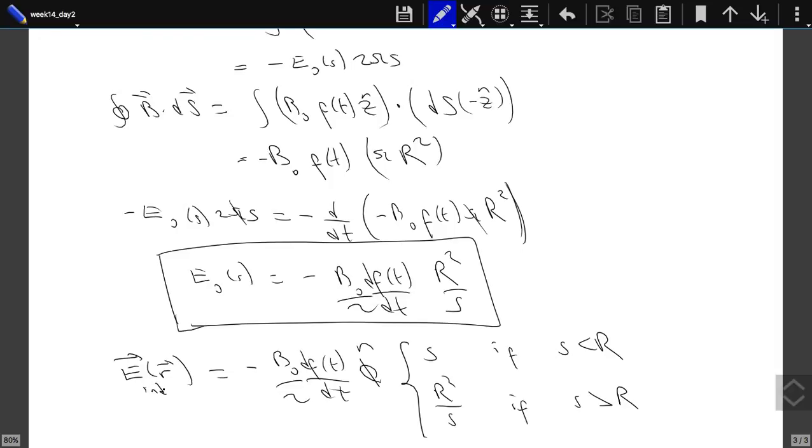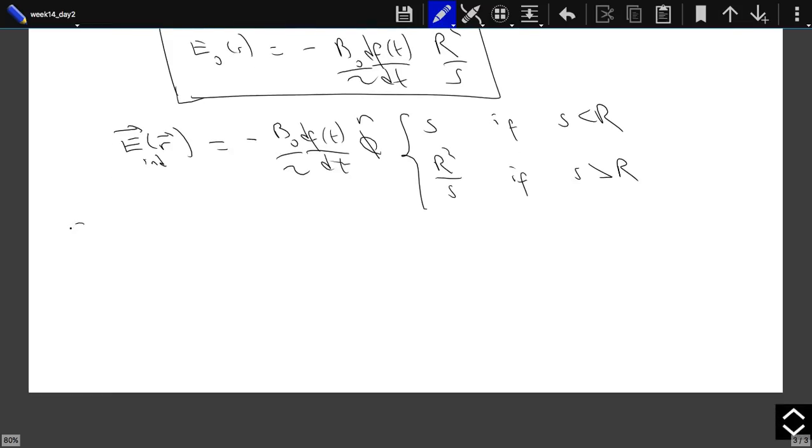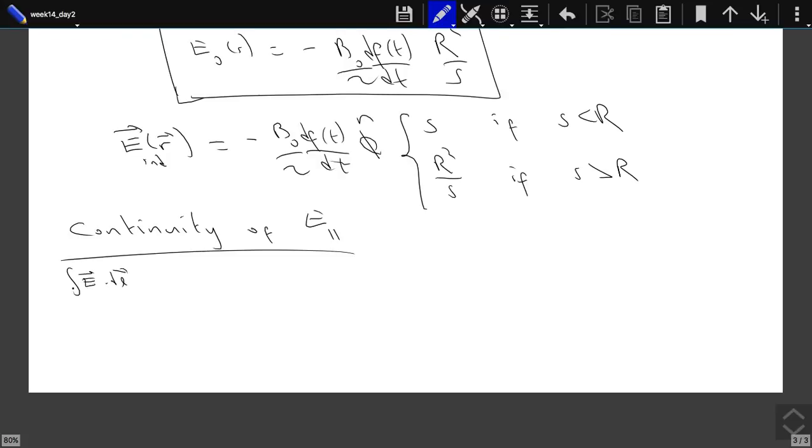Well, in general, the component of the electric field parallel to a given surface will always be continuous. Let's also prove that. You see, we have E dot dl around any loop.